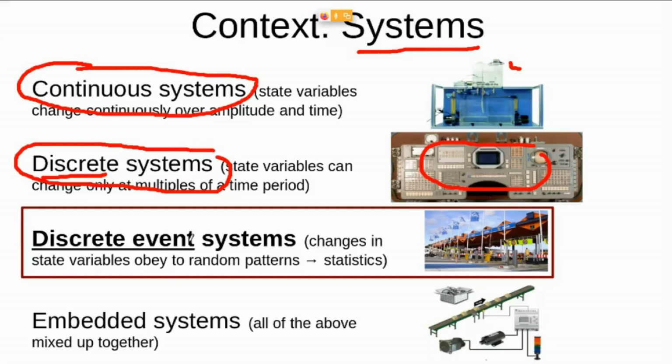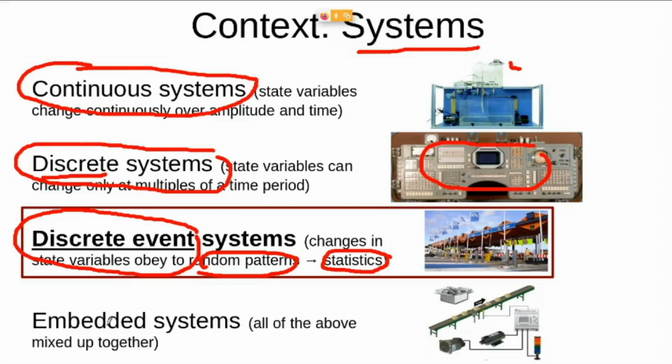But here in this subject, we will talk about not discrete systems, but discrete-event systems, okay? Where changes in the states, changes in state variables will obey random patterns. That means will obey statistics.